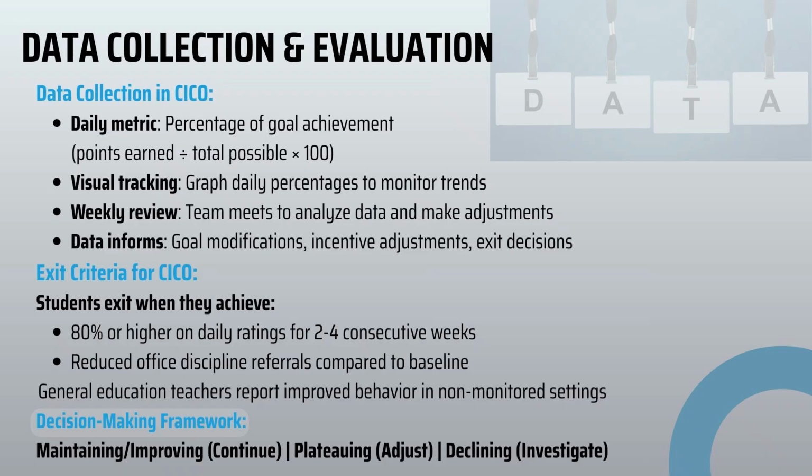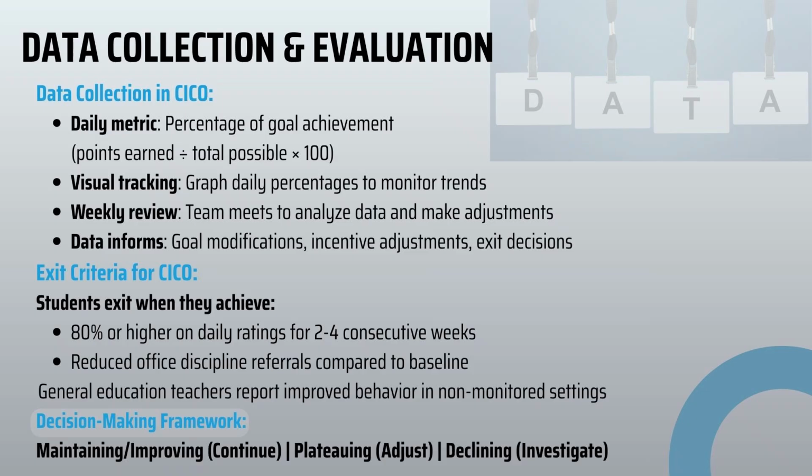So some of the exit criteria for check-in and out: they may exit the program if they are receiving an 80% or higher on their points on daily ratings for 2 to 4 consecutive weeks.